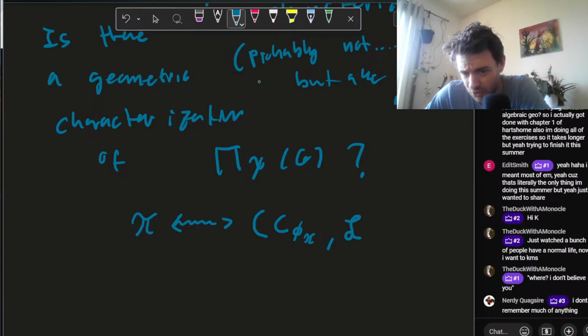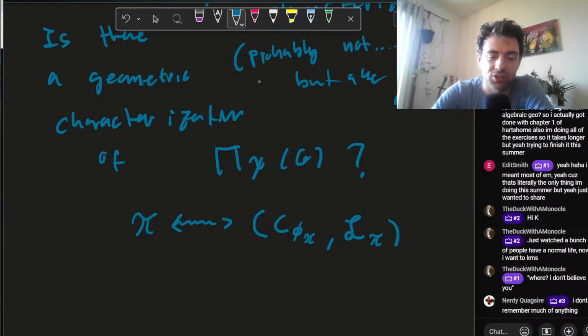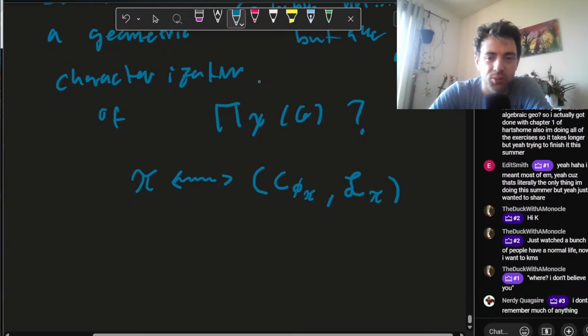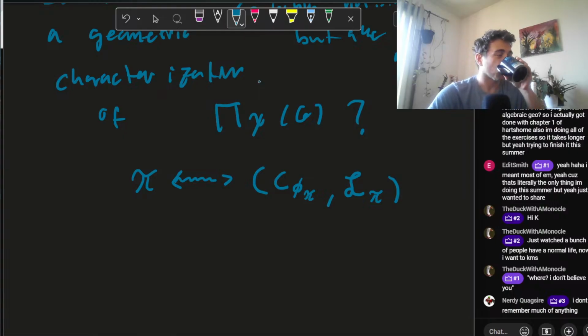And then you also take a particular choice of local system on that orbit. So here's a connection, right? This is why I spend so much time talking about local systems and D modules and stuff. Great.